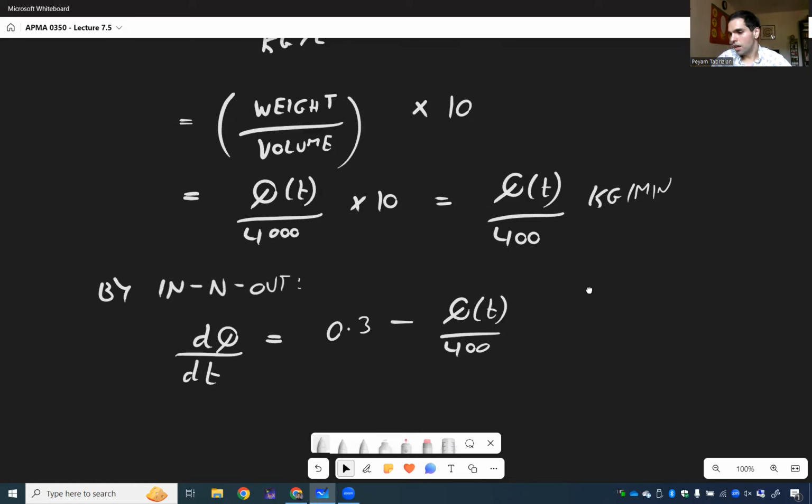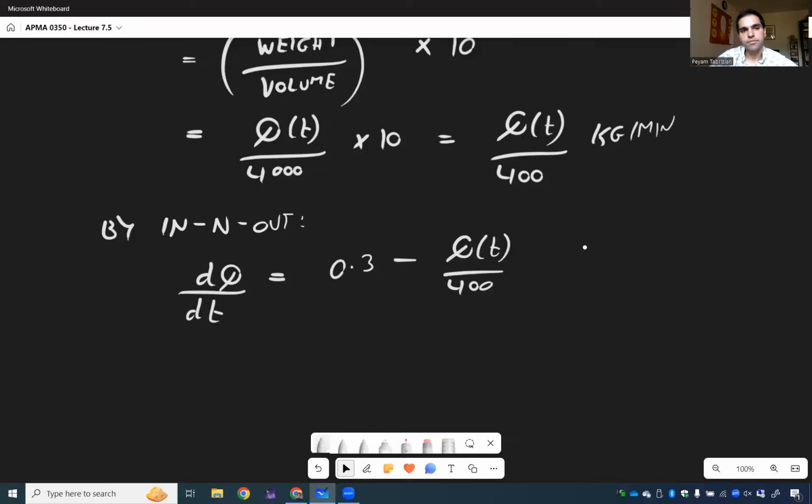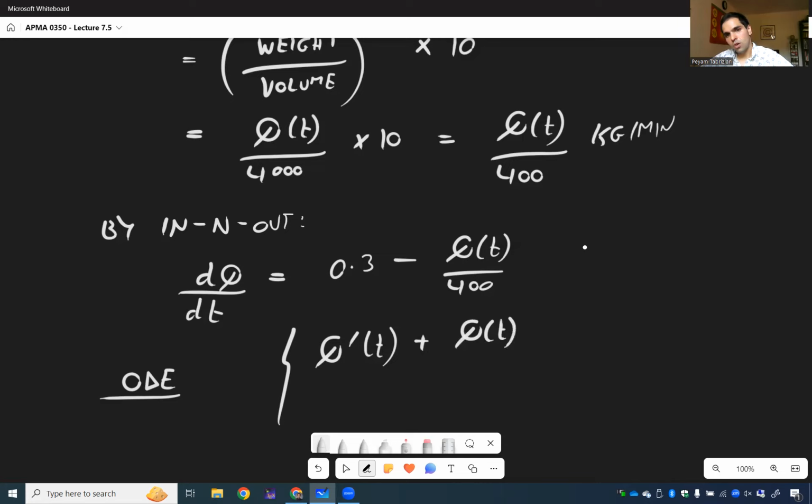So really our ODE becomes Q'(t) plus Q(t)/400 equals 0.3. And we calculated the initial condition, which was 20.